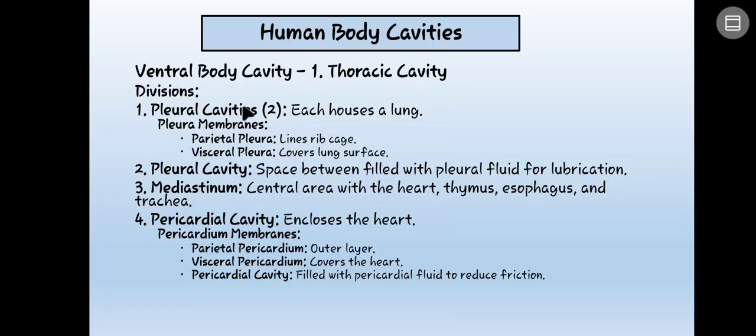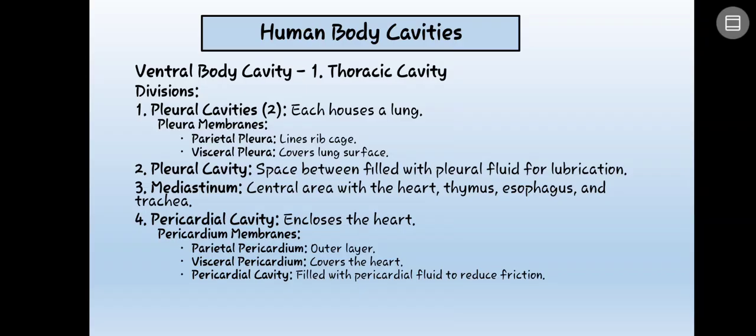Then we have the ventral body cavity. Like I said earlier, the ventral cavity can be divided into the thoracic cavity and the abdominopelvic cavity. The abdominopelvic cavity can further be divided into the abdominal cavity and the pelvic cavity. The thoracic cavity is part of the ventral body cavity, and it can further be divided into the pleural cavity, which is the cavity that houses the lungs, and the mediastinum.